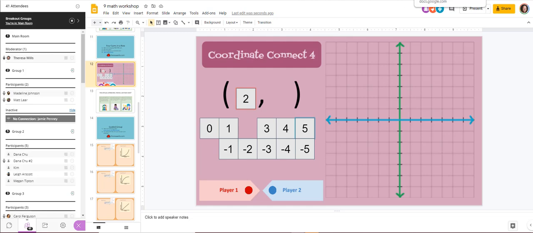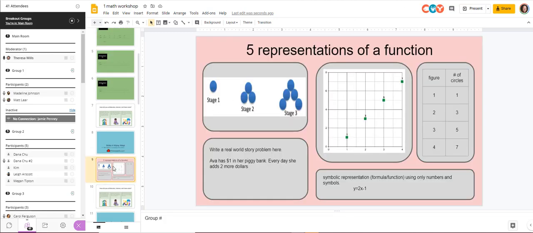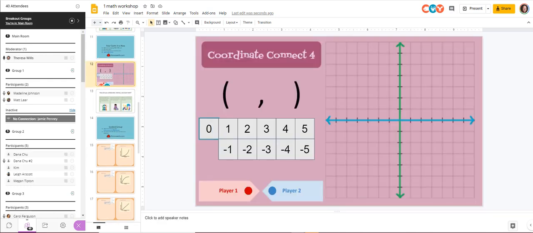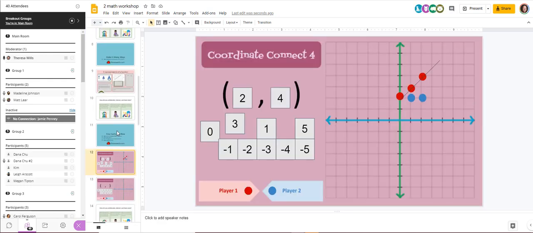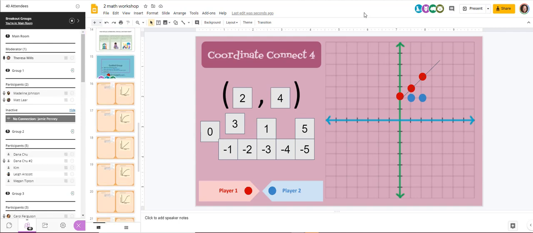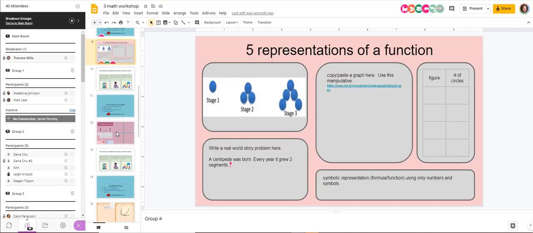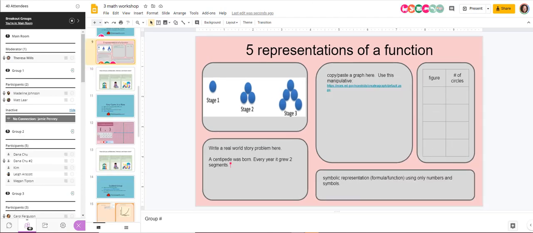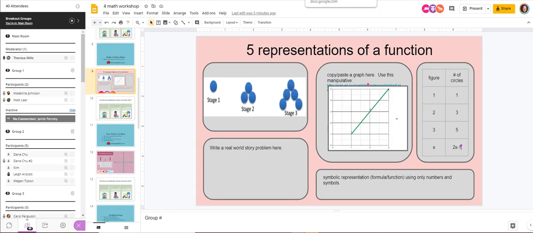This is my quiet space. I look to see where everyone is. I'd love everyone to be at the game or further down, so I'm doing a quick check there. If they're not, I'm going to pop in that room, and here we go, group 3, and I'll motivate them to continue into the game so that they can see every activity.